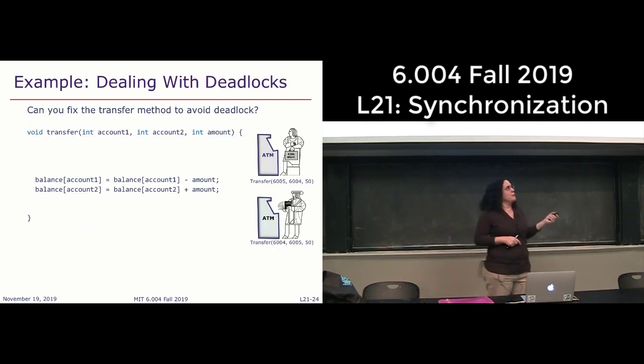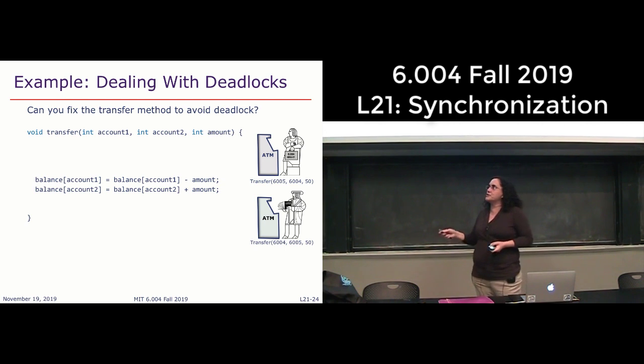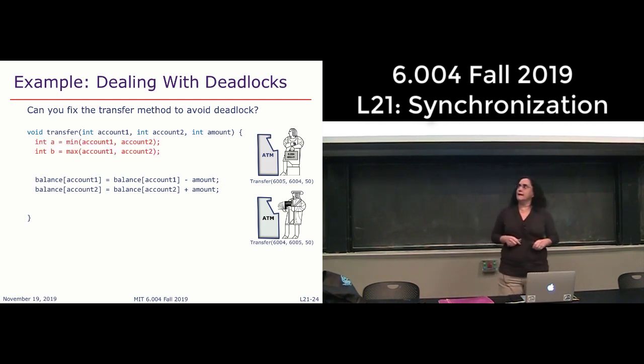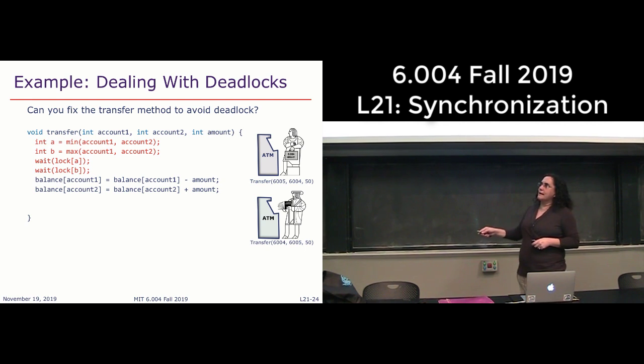We can apply the same mechanism to our bank account, where instead of always trying to get the lock for our first account, we just get the lock for the minimum of the 2 accounts. So when we're waiting for lock A and lock B, even if you have 2 separate threads trying to make transfers between these 2 accounts, both of them are going to wait for the 6004 lock first.